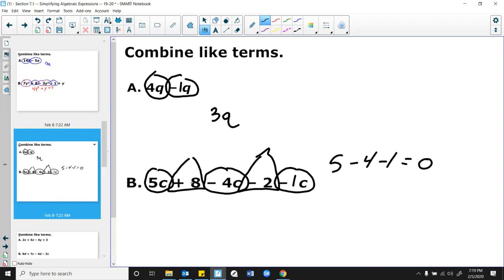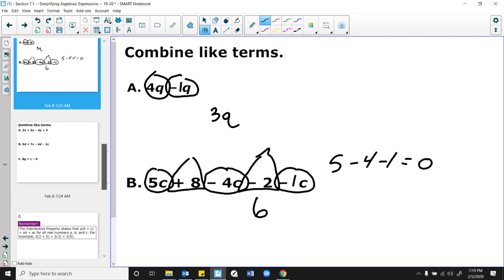I don't even need those in my answer. Okay, now I just have an 8 and a negative 2 combined. My answer here when I combine like terms is just going to be 6. Okay, so it's a big equation that looks confusing, but really it's not.